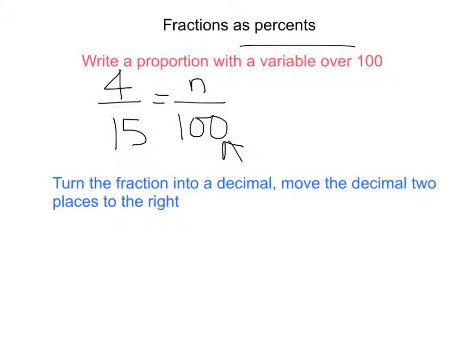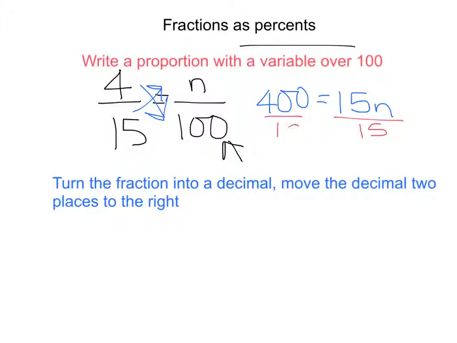Now you can begin to solve. You can cross multiply, and you have 400 equals 15n. Divide both sides by 15, and you get n equals 26.67, and that is in the form of a percent.